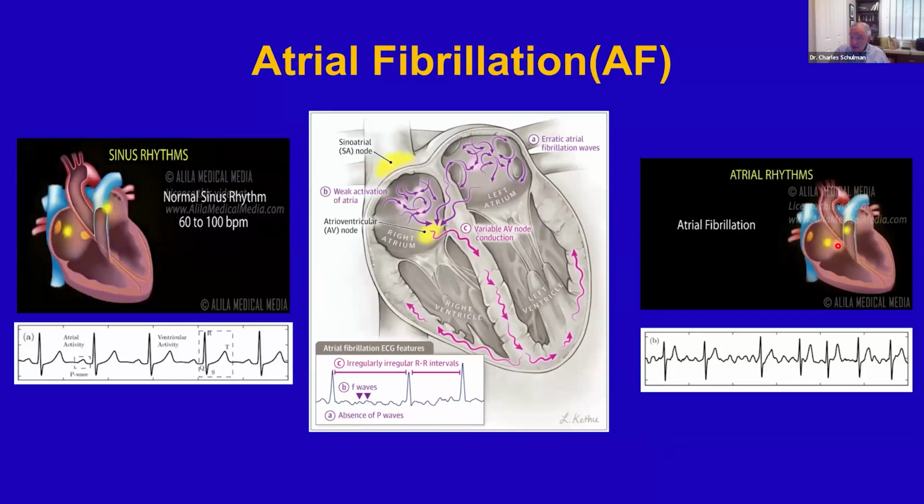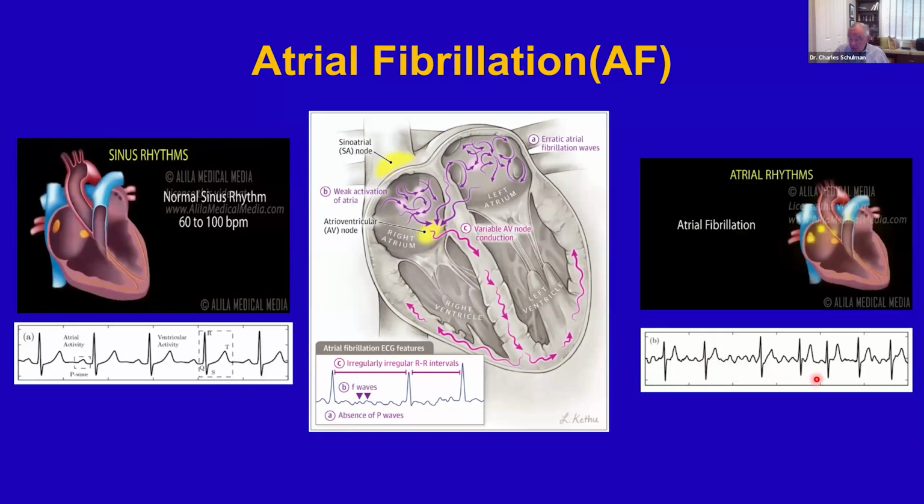So there is variable penetration, or put another way, variable block in the region of the AV node before the impulses are transmitted to the ventricle. If there's more penetration, there's more refractoriness between beats. If there's less penetration, there's less refractoriness per beat. And this results in an irregular rhythm.